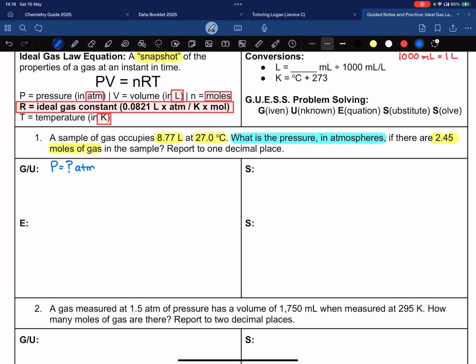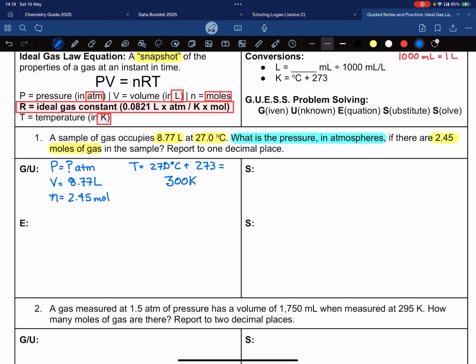That's atmospheres. V, I do know. That's 8.77 liters. N, I do know. There's 2.45 moles of gas. And T, I also know. That's 27.0 degrees Celsius, but you're going to have to add 273. So that is going to be 300 K.